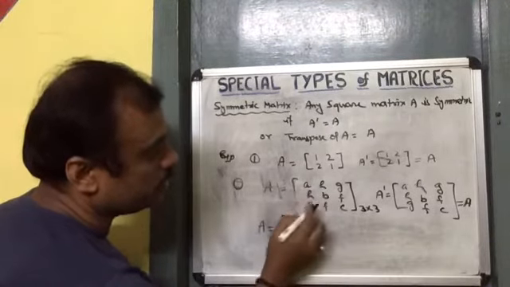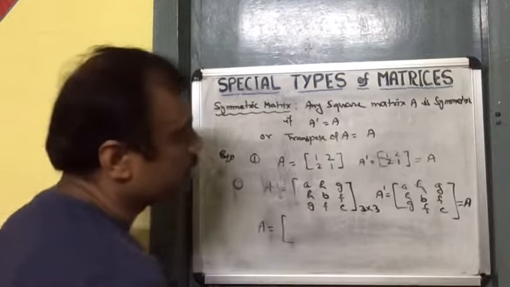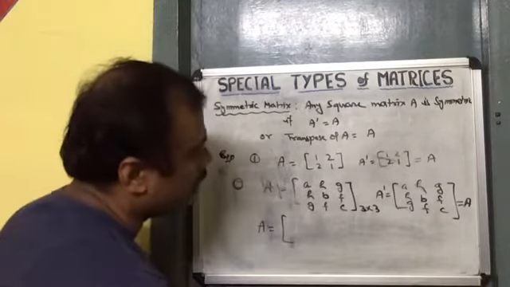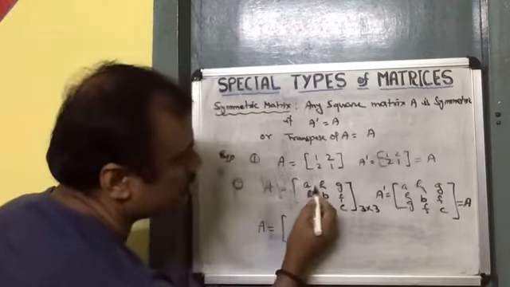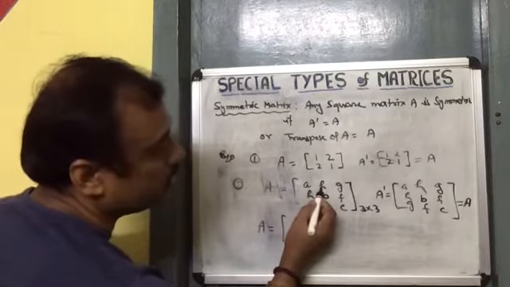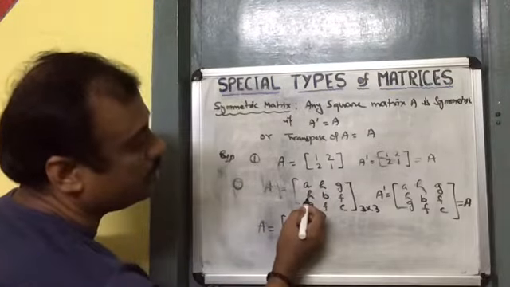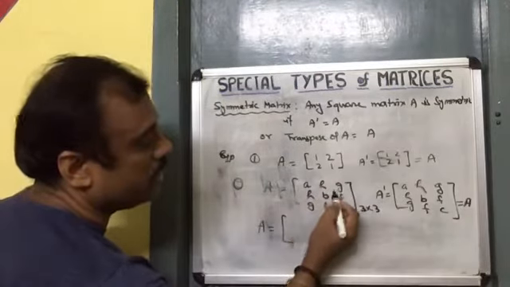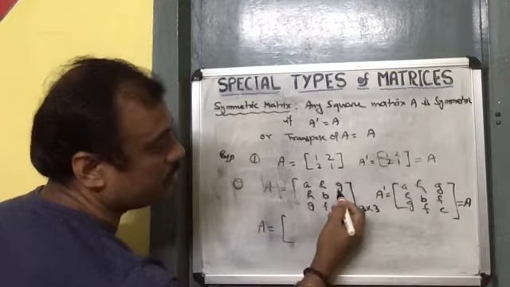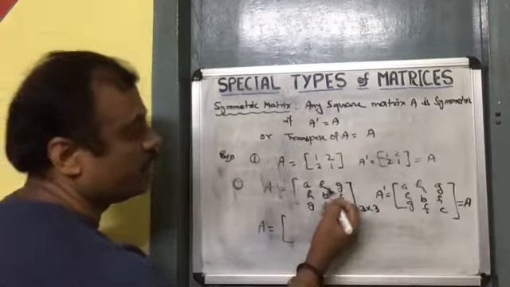Here you see, it is a mirror image. A21 is the mirror image of A12, and A31 is the mirror image of A13.